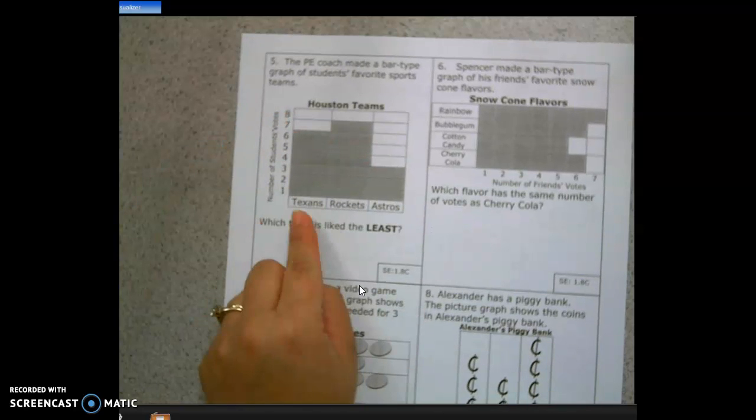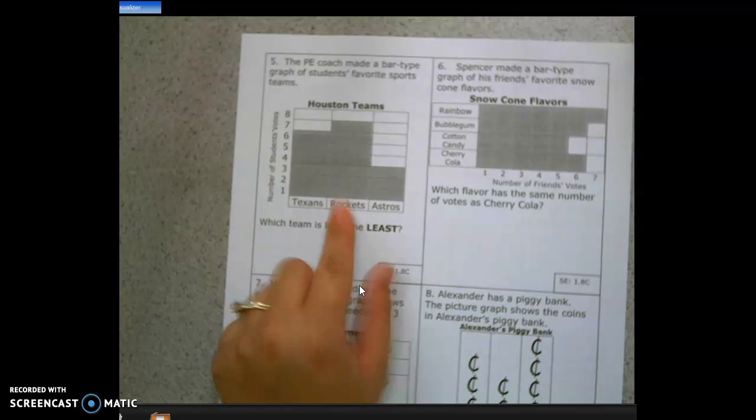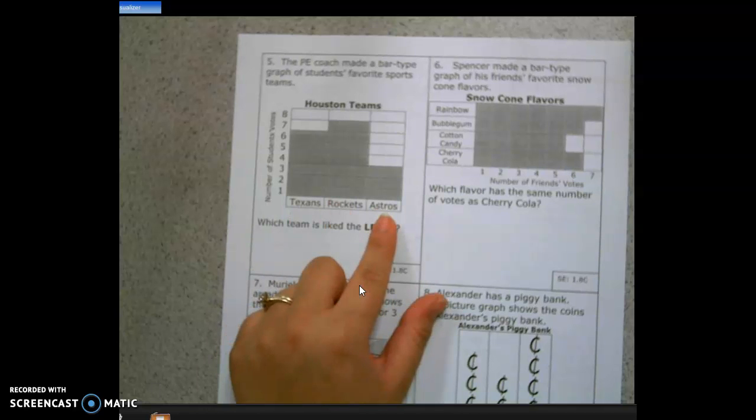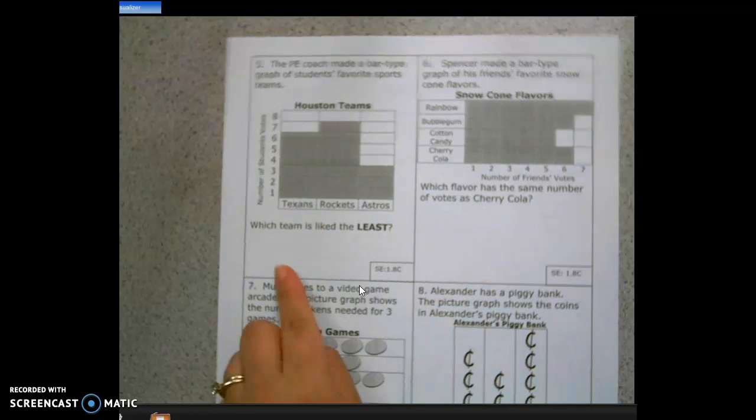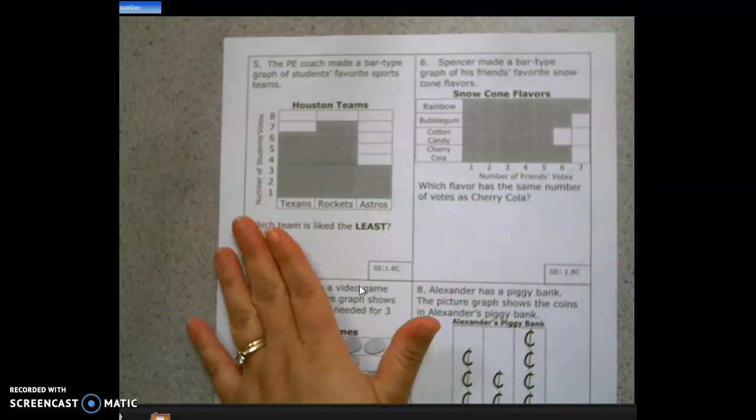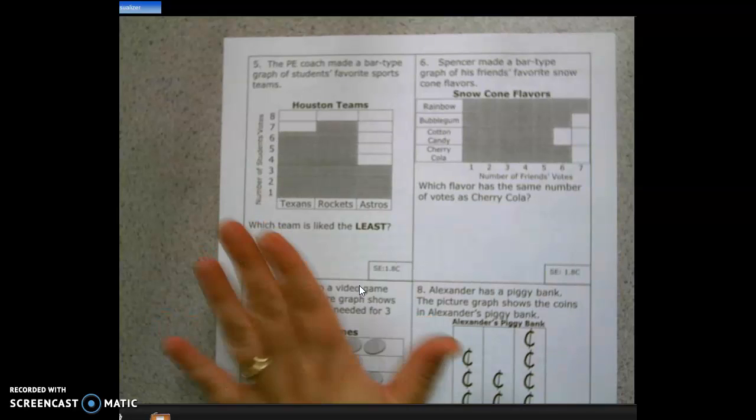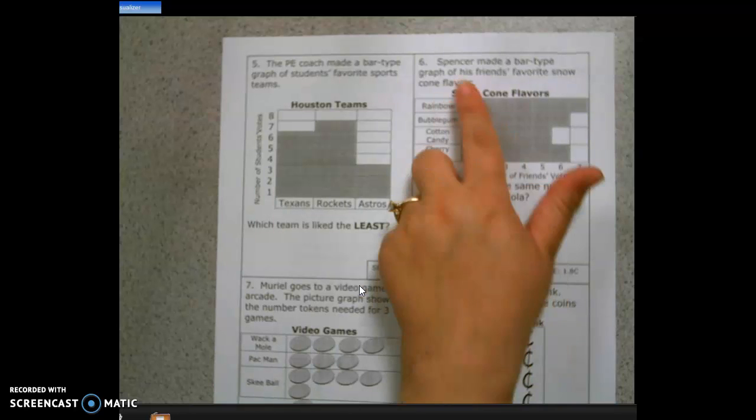Is it the Texans, the Rockets, or the Astros? Astros. You're going to write the word right here. Boys and girls, this is a fake graph. You could still like the Astros more. It's okay.